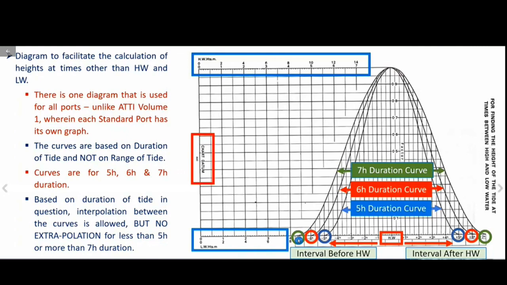This graph is not given in ATT volume 1. तो जो भी क्वेश्चन आपको मिलेगा, सबसे पहले आपको ये पता करना होगा कि वो जो पोर्ट है वो कौन से वॉल्यूम के अंडर आती है. अगर वो 2 और 3 के अंडर आती है तो हम ये वाला ग्राफ यूज़ करेंगे जो अभी स्क्रीन पे हमारे सामने है. अगर वो पोर्ट वॉल्यूम 1 में आती है तो हमें उस पर्टिकुलर स्टैंडर्ड पोर्ट के ग्राफ को यूज़ करना पड़ेगा. इसे यूज़ वॉल्यूम 1 के लिए नहीं कर सकते.